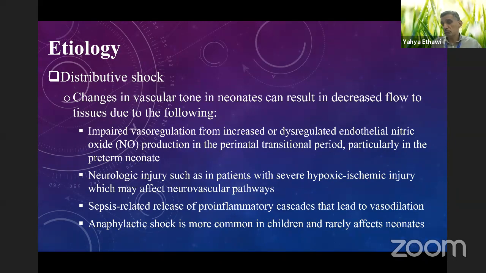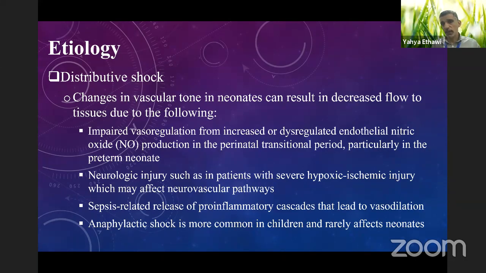from many reasons, such as a defect or dysregulation of endothelial nitric oxide, this can be transient or it can be permanent. And that loss of endothelial nitric oxide causes impairment of vasoregulation.